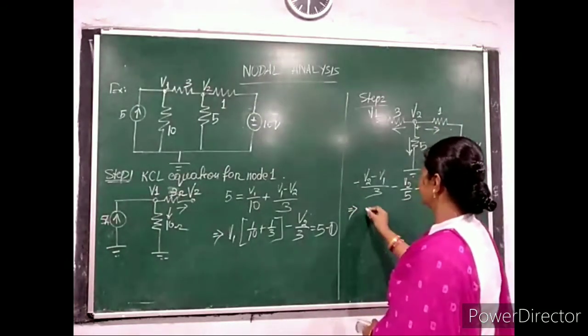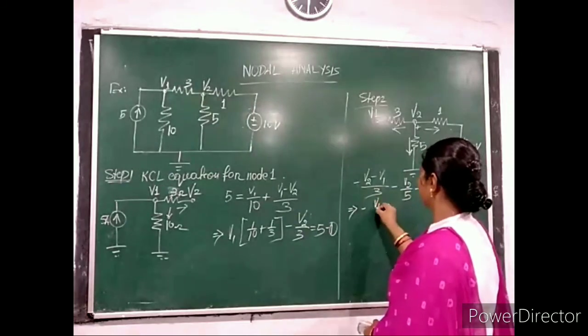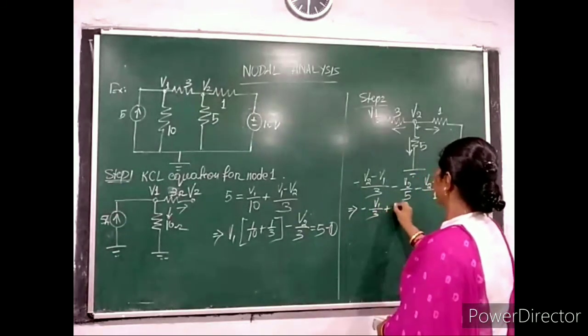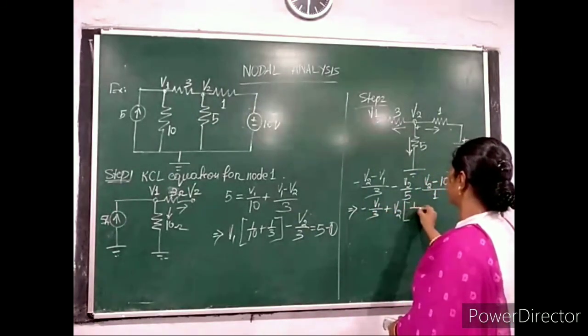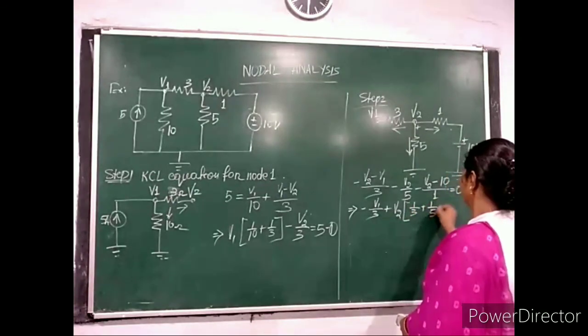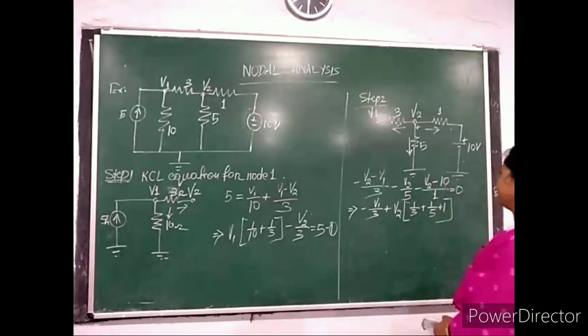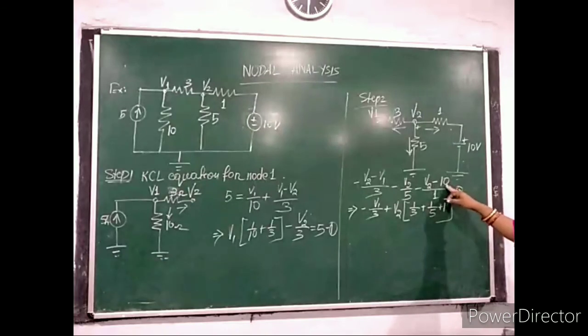If you rearrange this equation, take V2 common: it is 1 by 3 plus 1 by 5 plus 1, and I take the 10 to the right hand side, it is 10 by 1, that is 10. This is the second equation. Equation 1 and equation 2 represent the KCL equations for nodes 1 and 2.